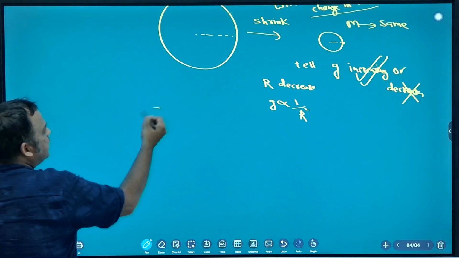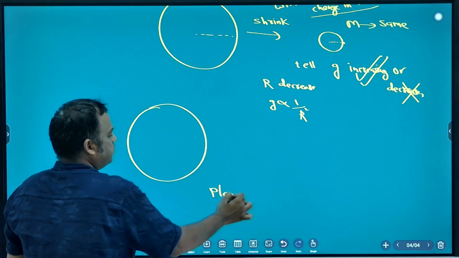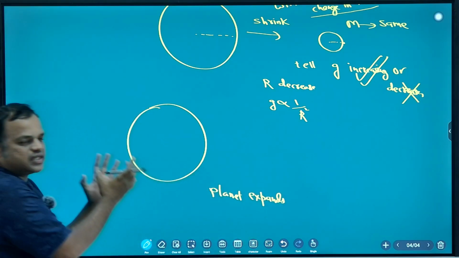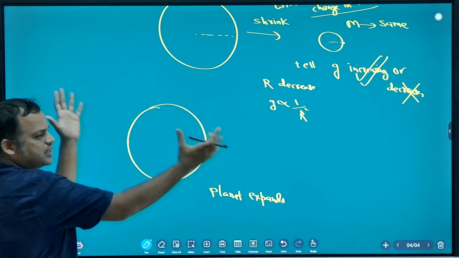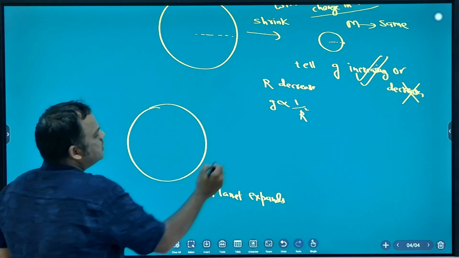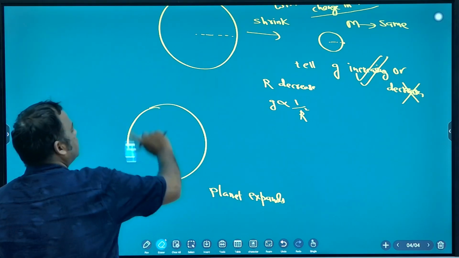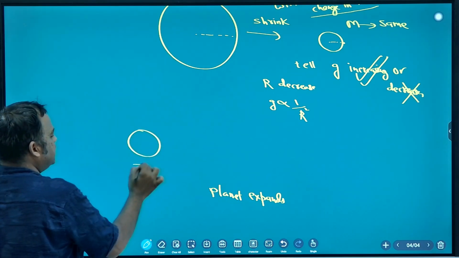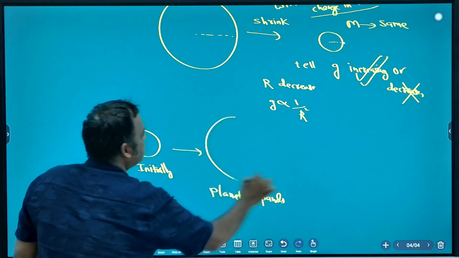Similarly, if a planet expands, suppose this is gas. The planet is made up of gas. Gas can expand, right? So a small diagram you draw, because expanding means I have to draw bigger. Suppose this is the planet initially. It expands, it becomes big.